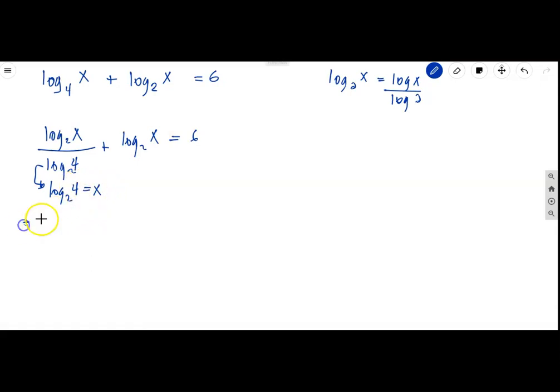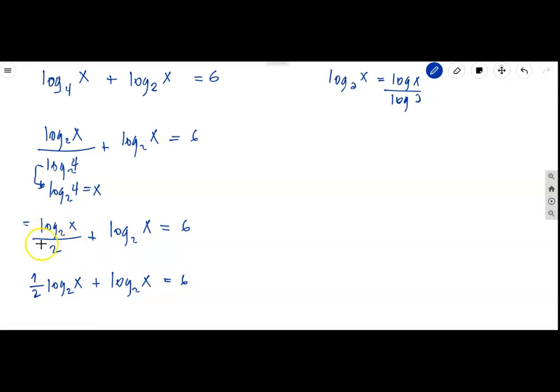So we now get log x base 2 over 2 plus log x base 2 equals 6. From here, we get 1 over 2 log x base 2 plus log x base 2 equals 6.